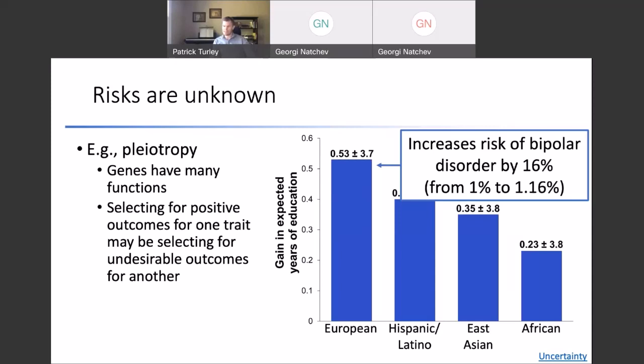And so for example, there's a genetic correlation between education and bipolar disorder, meaning that genes that increase education risk tend to also increase risk of bipolar disorder.